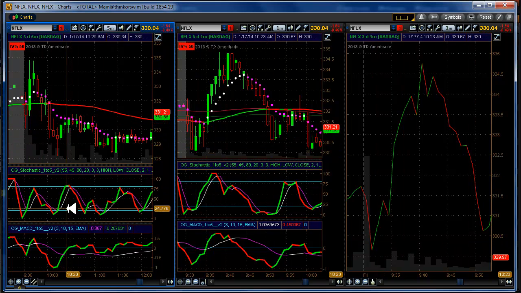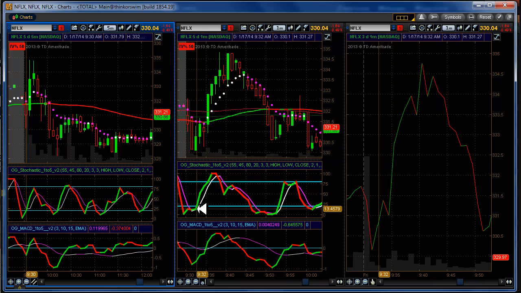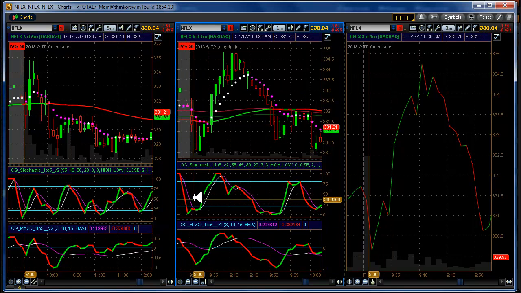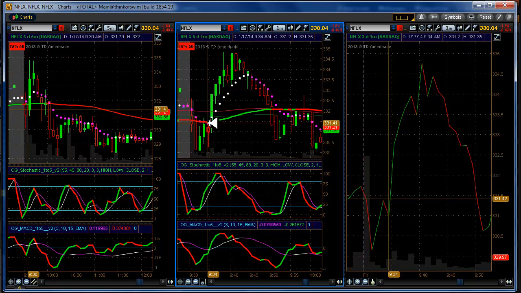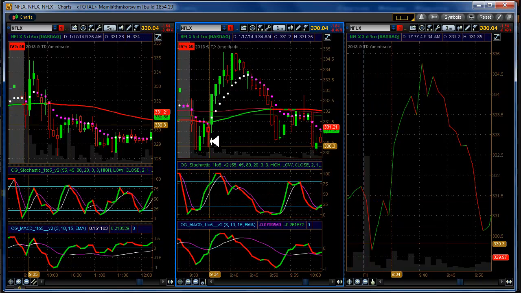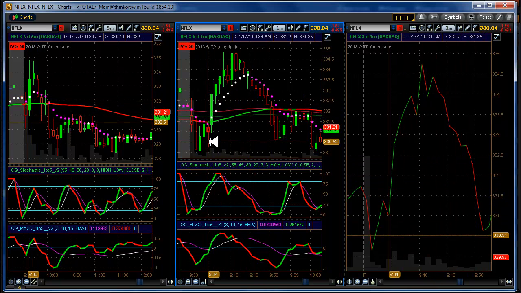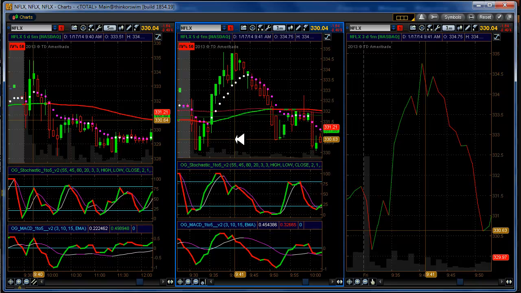So here we have right away at the open a setup where we have the MACD and the stochastic under 20, and they both turn green. Not necessarily looking for this red line to be moving there, and we're not paying too much attention to any moving averages or anything like that.